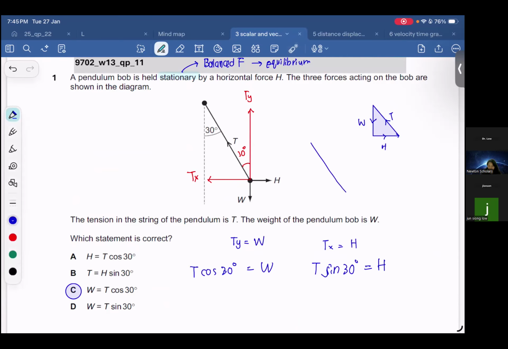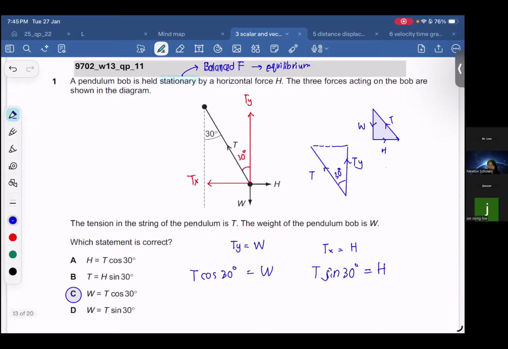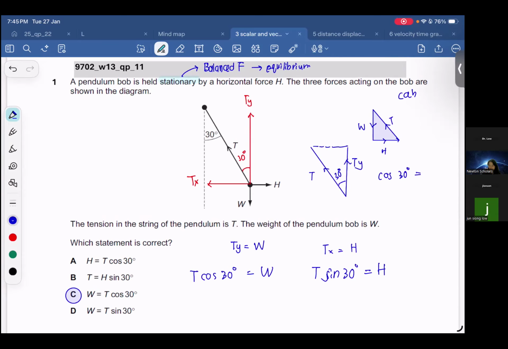If you use mathematics like this, this is your y, this is Ty, and this is T. Here is the 30 degree angle. Cos, from CAH, cos 30 degrees equals adjacent, which is Ty, divided by hypotenuse, which is T. So your Ty actually is T cos 30 degrees.